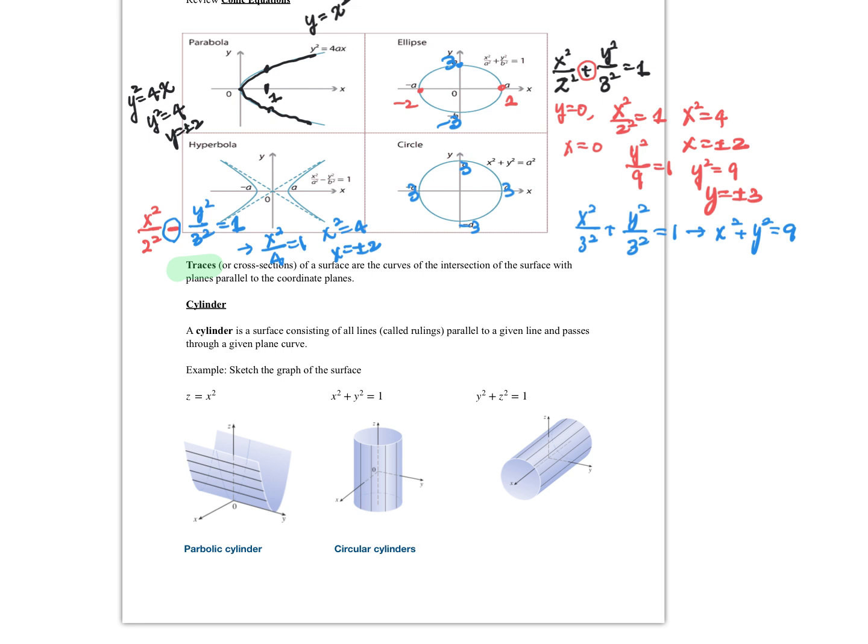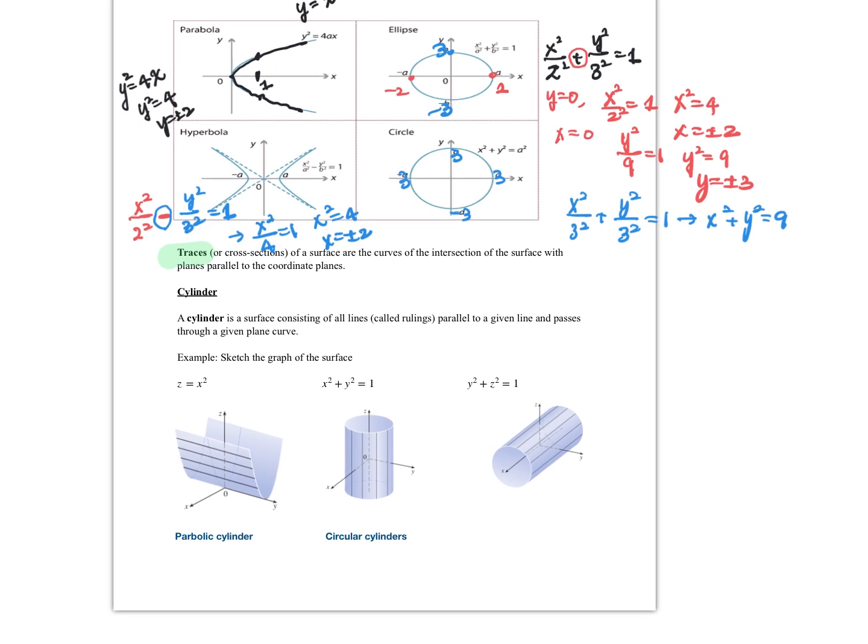Even we have a hard time sketching it. So we're going to find traces, which are curves in 3D, the intersection of a surface with planes parallel to the coordinate planes: parallel to the XY plane, parallel to the YZ plane, parallel to the XZ plane. And we find the intersection curve. That's what we call a trace.